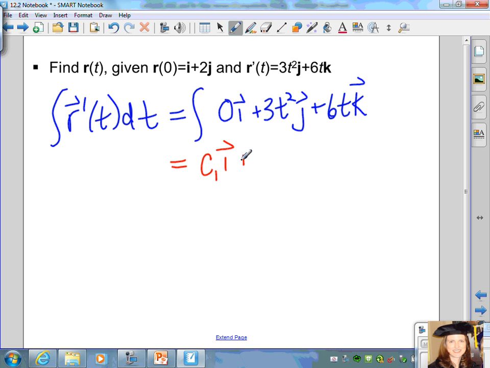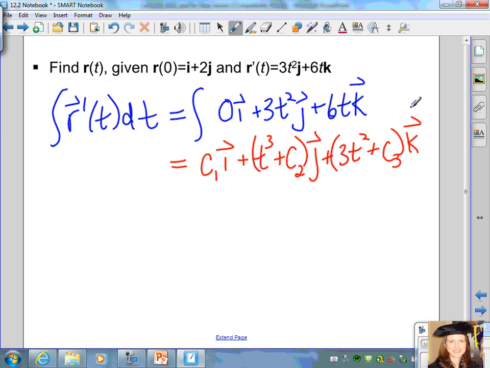The antiderivative of 3t squared is t cubed plus a constant. We're going to label that C2. That's your j component. And the antiderivative of 6t is 3t squared plus another constant. Let's label that C3k.